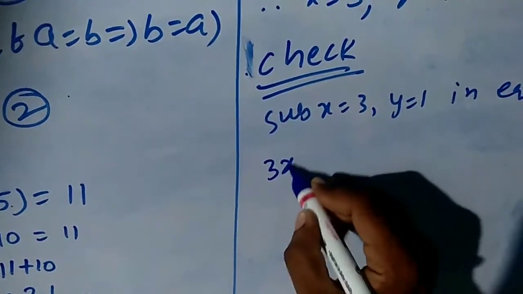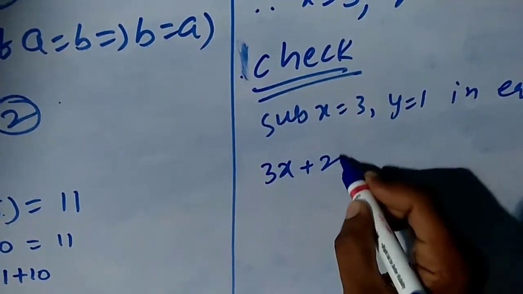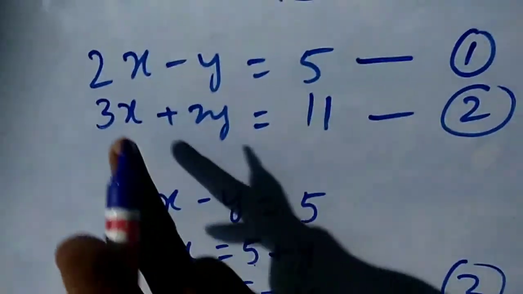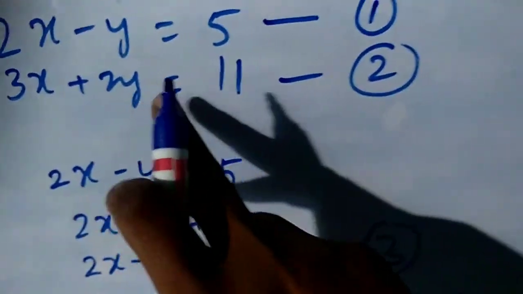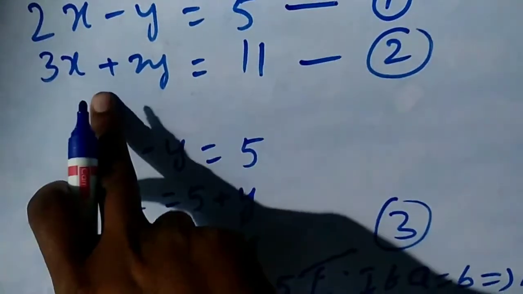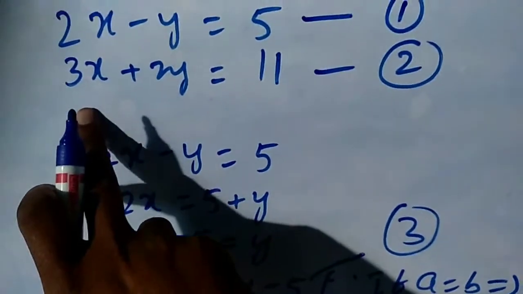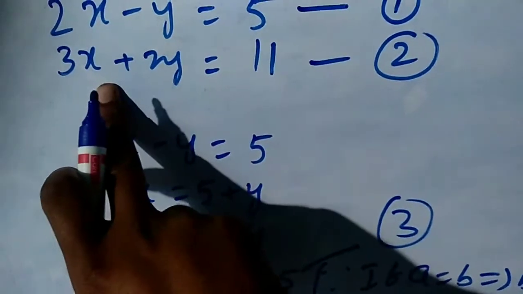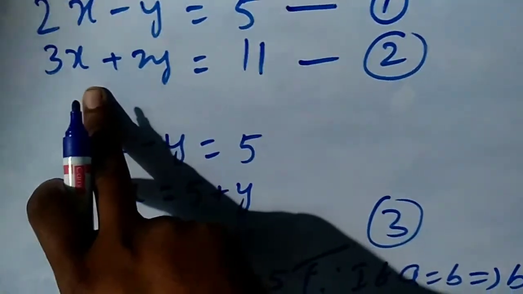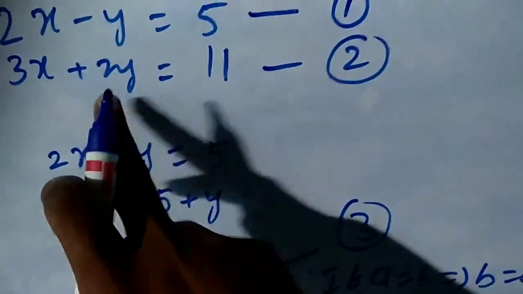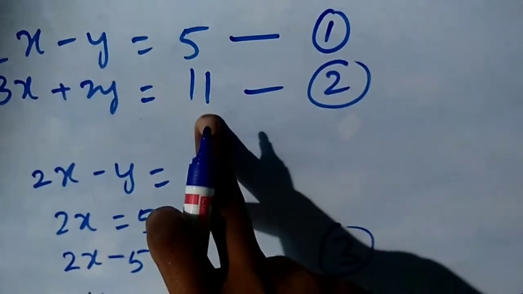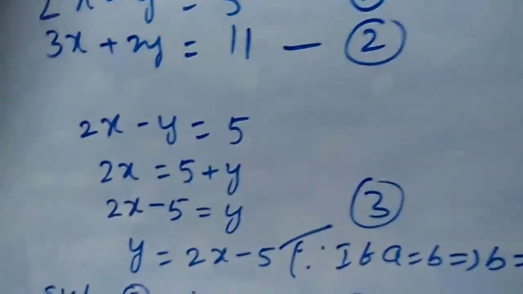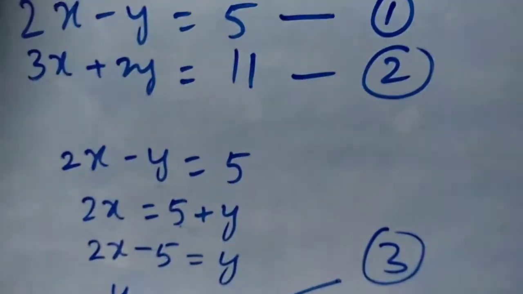Equation 2 is 3x plus 2y is equal to 11. So take the LHS, that is 3x plus 2y, and substitute the x and y values. After substituting, simplify this, and you have to get 11. If you get 11, you did it right, otherwise your answer is wrong.